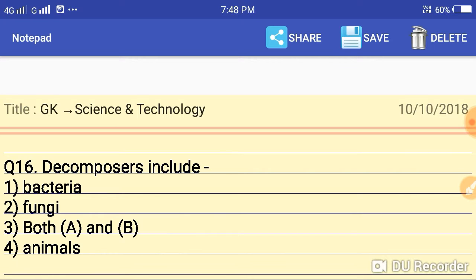Next question: decomposers include. Question number 16. Bacteria and fungi. Answer is option 3, both A and B. Right answer.